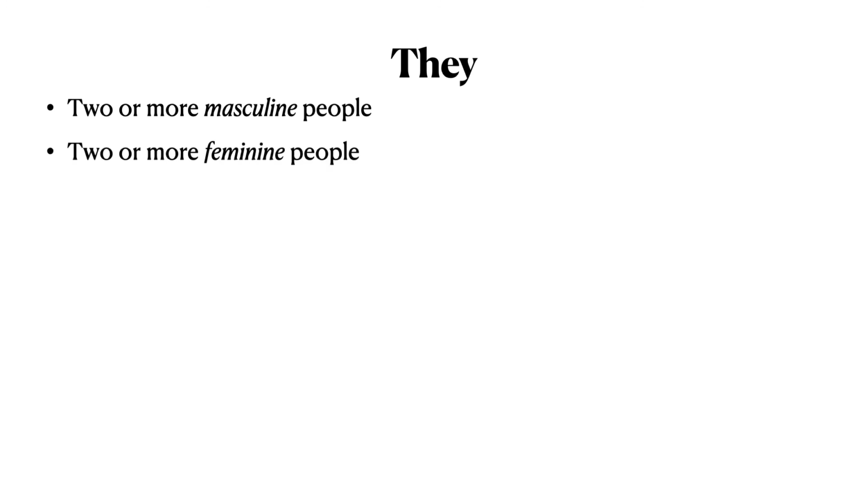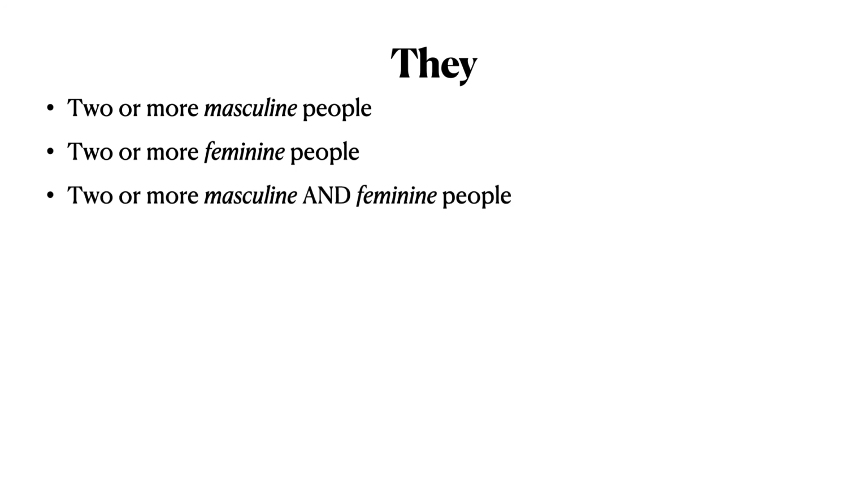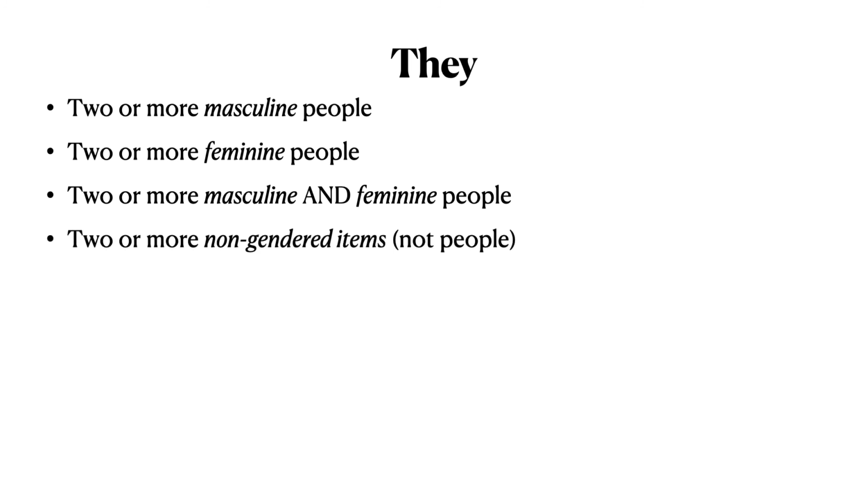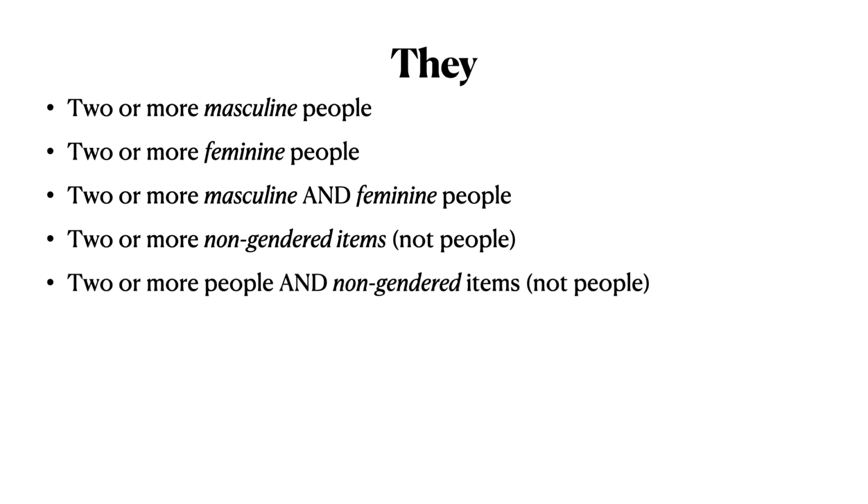So we have two or more masculine people, two or more feminine people, two or more masculine and feminine people, two or more non-gendered items, but not people, two or more people and non-gendered items.